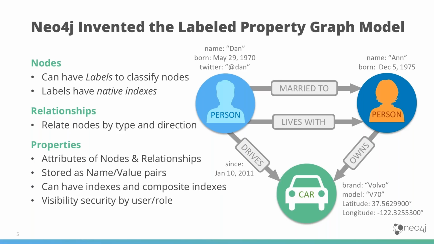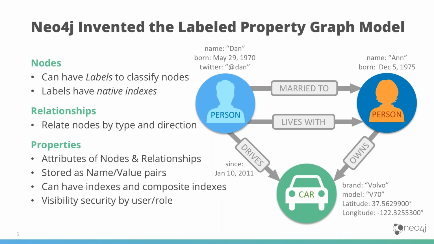Dan's married to Anne. Dan also lives with Anne. And then other objects, such as cars, other things that they may own, other things that they like to do, other people they are related to, et cetera, you can represent them as nodes and the relationships between those nodes.